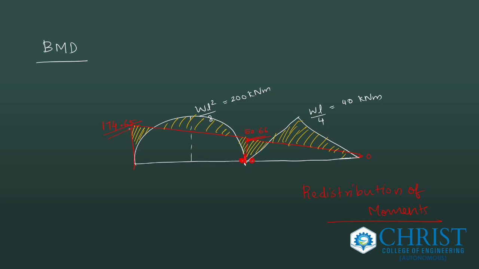That's why the final end moments are cancelled out by the simply supported bending moment that is shown here, that is this arc and this triangular portion. This is due to the simply supported beam condition, right? For the UDL condition, we have WL square by 8, and for a center point load, we have the formula WL by 4, that is shown here. Superimposing, the area shaded becomes our final bending moment diagram.